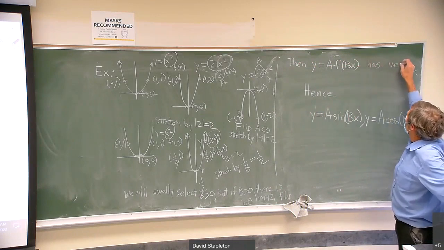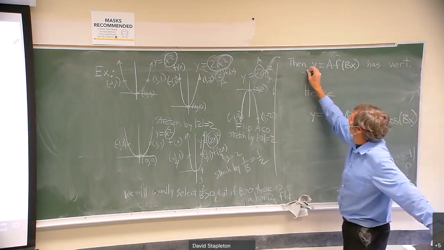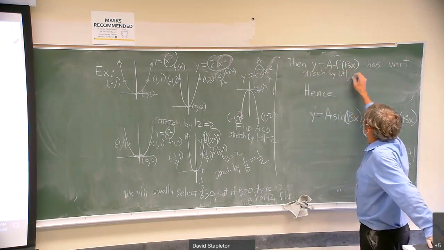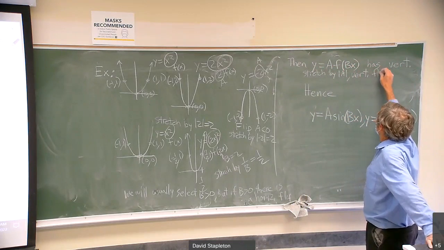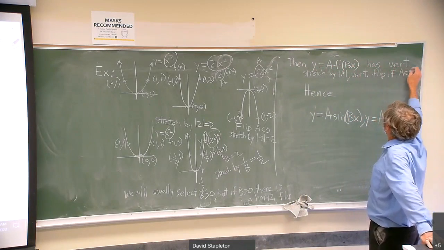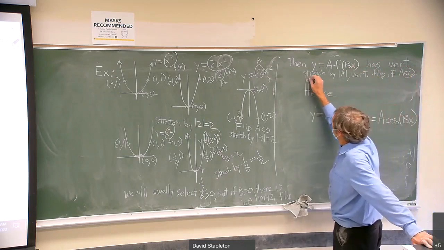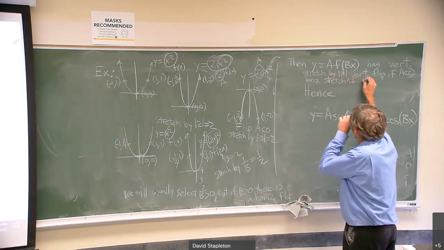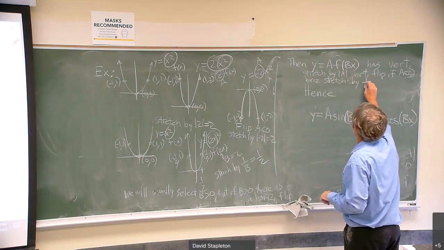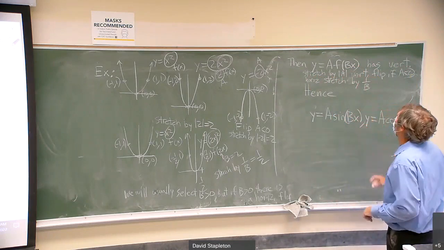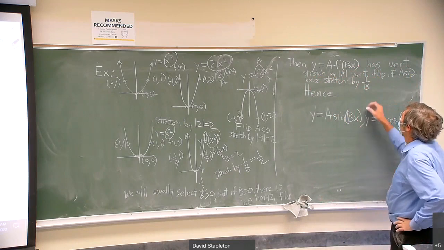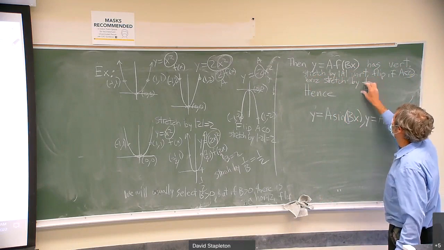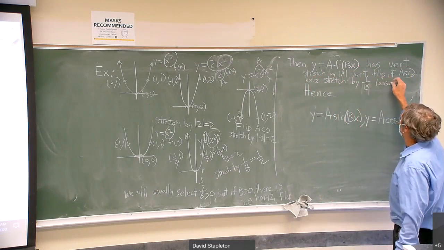So it has a vertical stretch by absolute value of a, a vertical flip if a is less than 0, and it has the b effect, a horizontal stretch or shrink by 1 over absolute value of b, with a flip if b is negative. Let's just say 1 over b, assuming b is greater than 0.